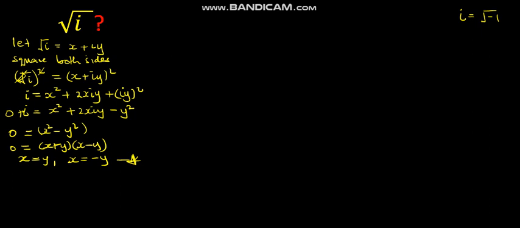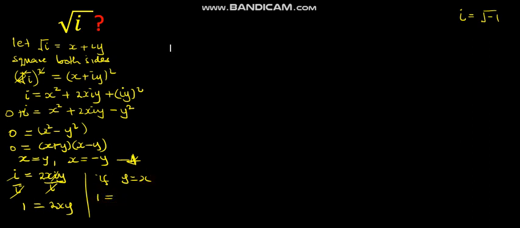Now we shall also realize that on the left hand side we have i as the imaginary part, and on the right hand side we have 2xiy as the imaginary part. Therefore we shall have 1 is equal to 2xy, because this i will cancel that i. If our y is equal to x, where there is x we substitute y, and we shall have 1 is equal to 2y squared.